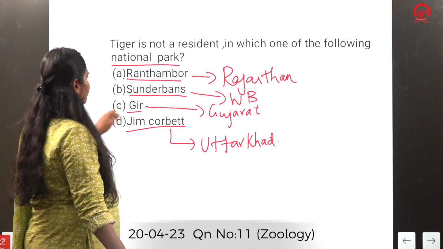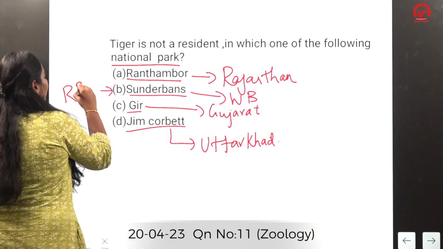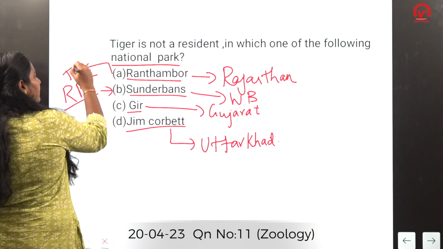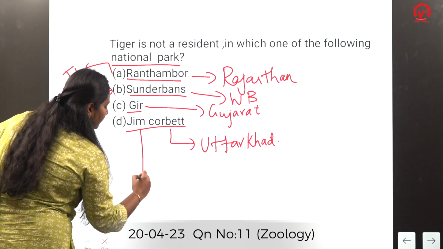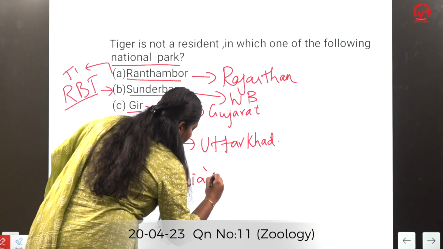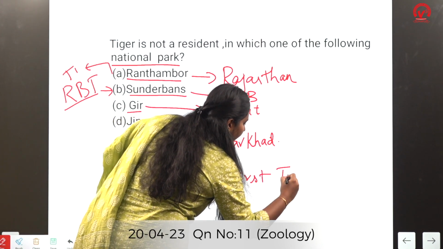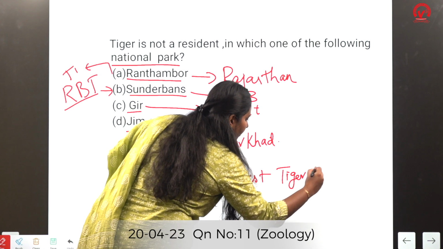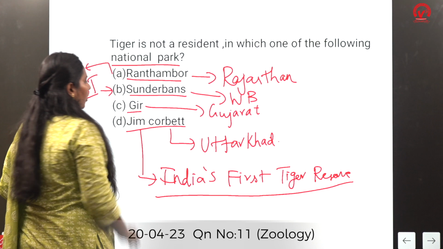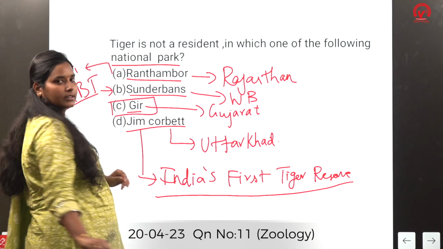From these options, we know that in Sundarbans, Royal Bengal tigers are present, and in Ranthambore also tigers are present, and Jim Corbett is India's first tiger reserve. Okay, so the correct answer is Gir, Gujarat.